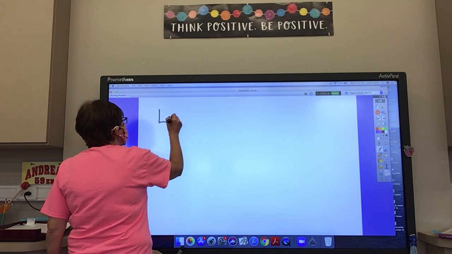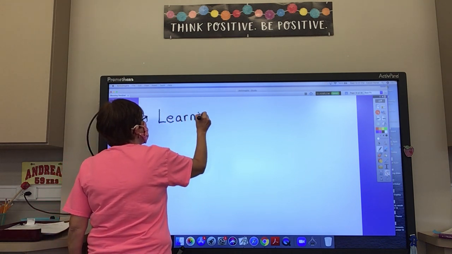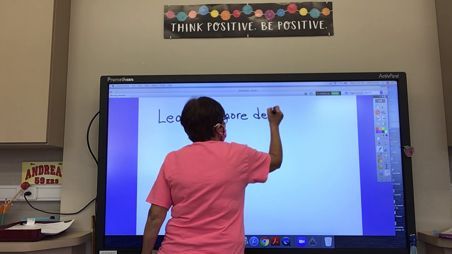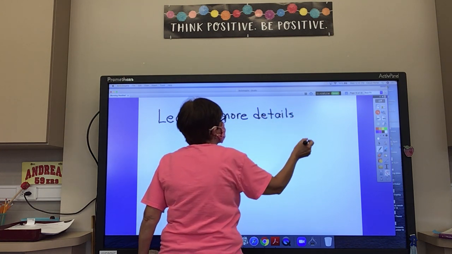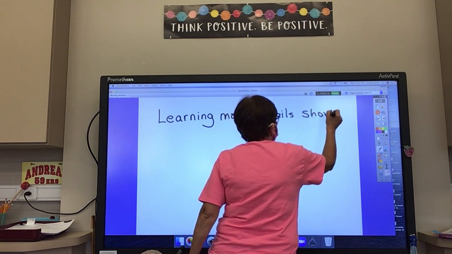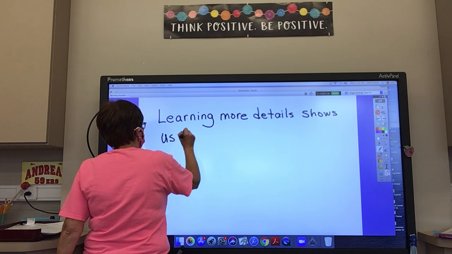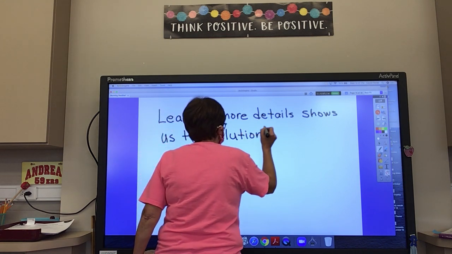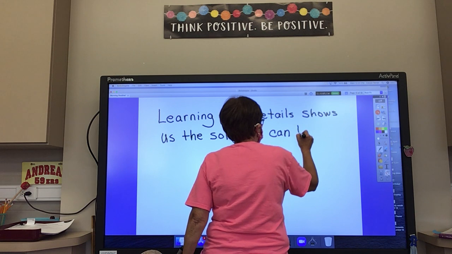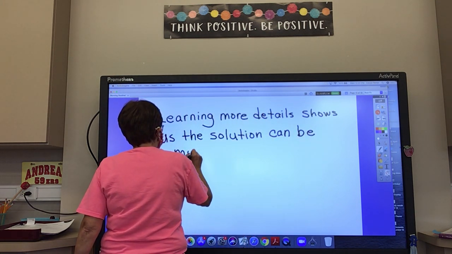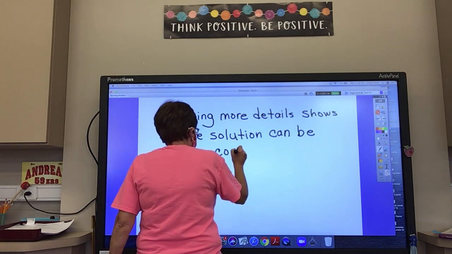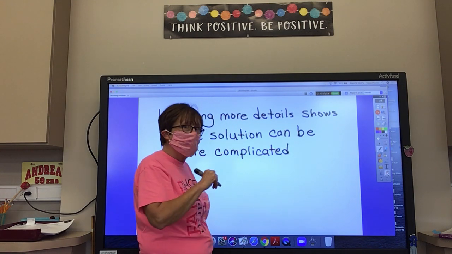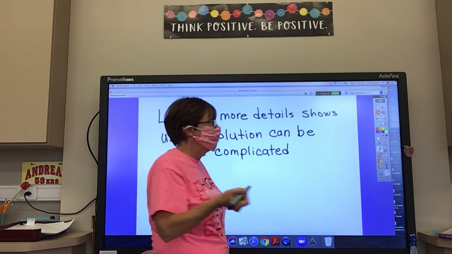So learning more details shows us the solution can be more complicated than we first thought.